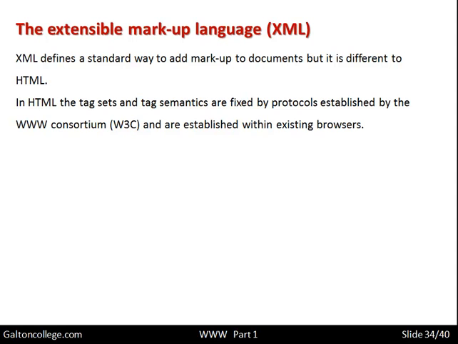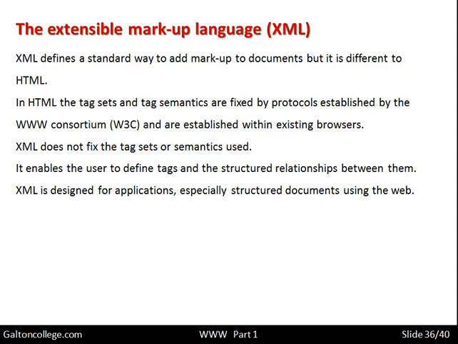So HTML is overseen by W3C, and these are established for existing browsers. XML does not fix the tag sets or semantics used. So XML does a different job. It transfers highly structured data in particular formats. It enables the user to define tags and the structured relationships between them.